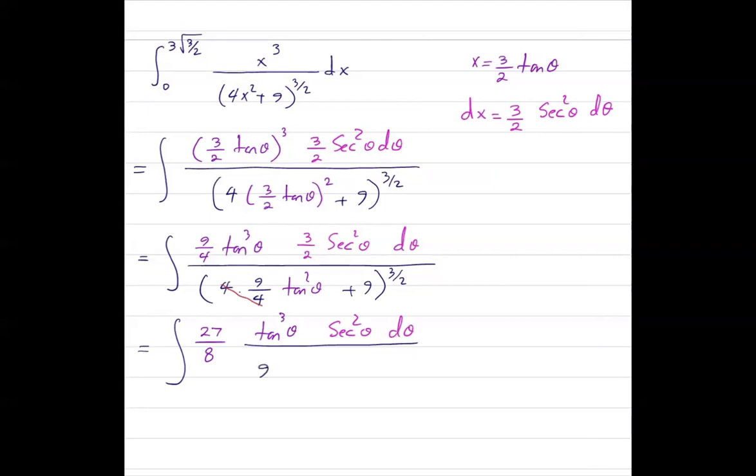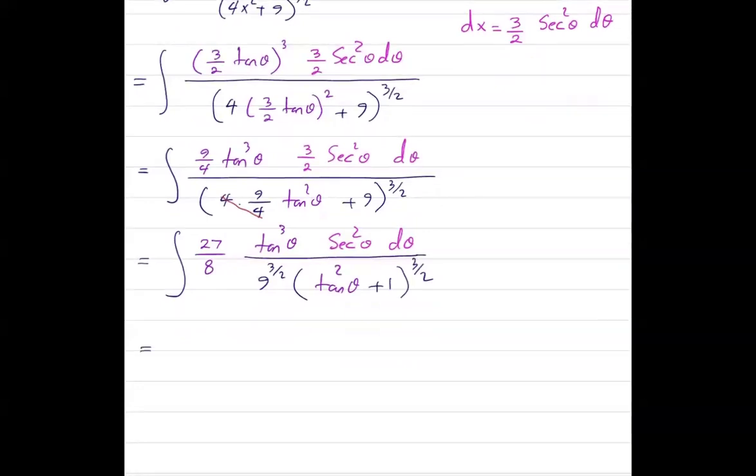You get 9 to power 3/2 of tangent squared of theta plus 1 raised to power 3/2. Very good. We're doing a lot of algebra here, everybody.